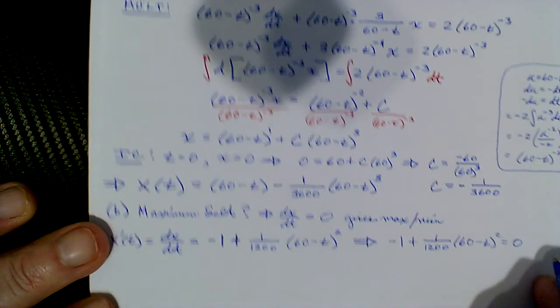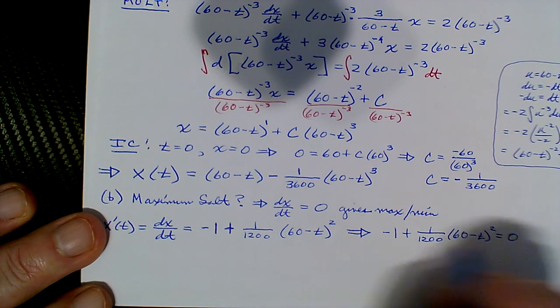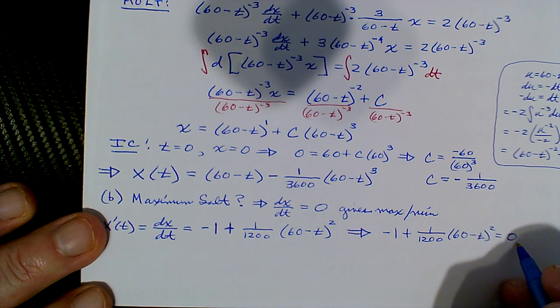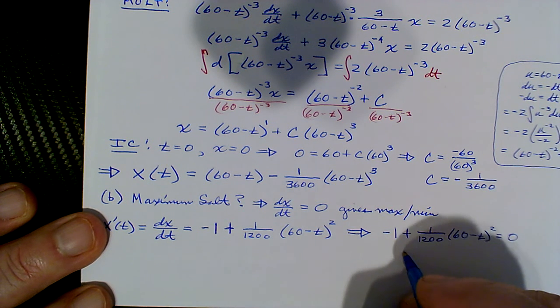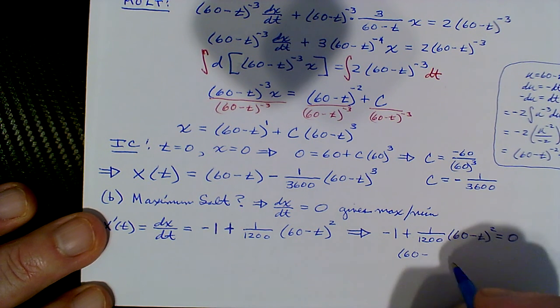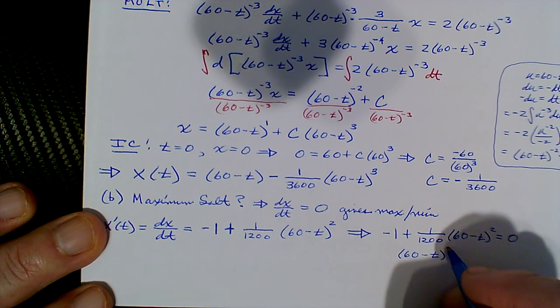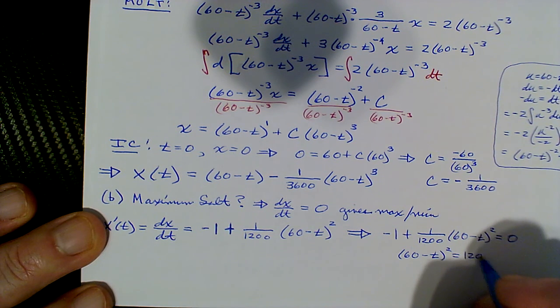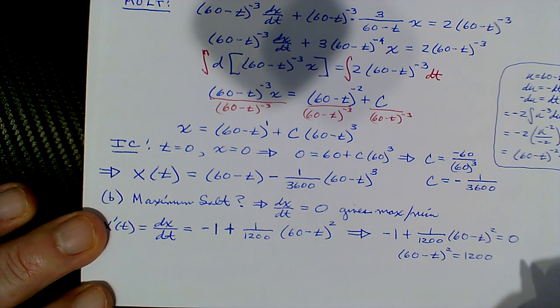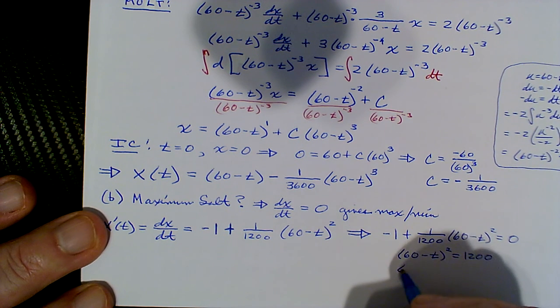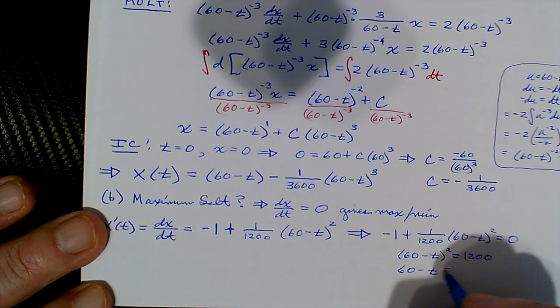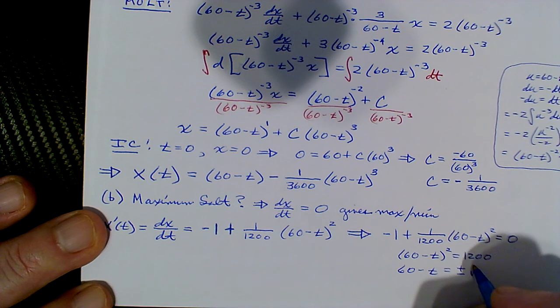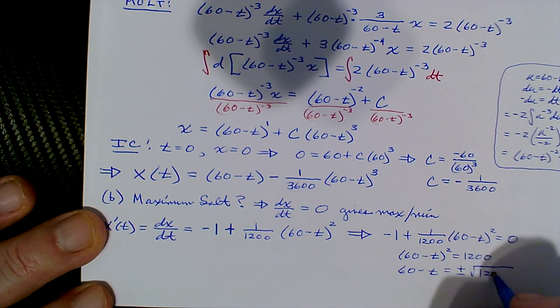Alright, now we need to solve that. So first bring over the 1, multiply by 1200, get 60 minus t as a quantity squared equals 1200. Take the square root of both sides. 60 minus t equals plus or minus the square root of 1200.